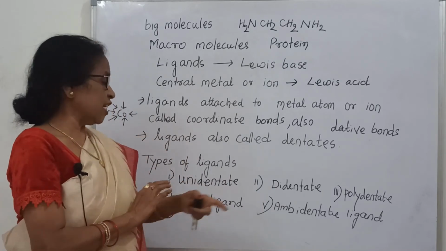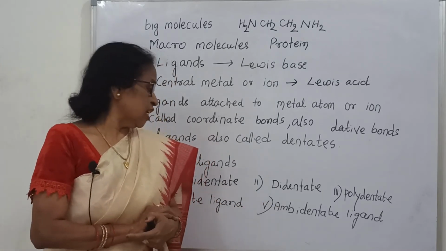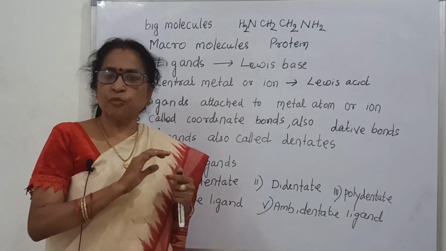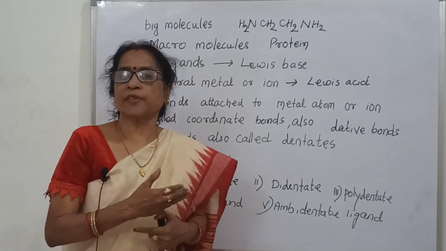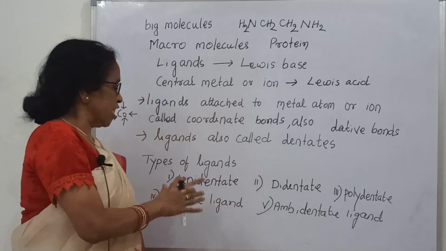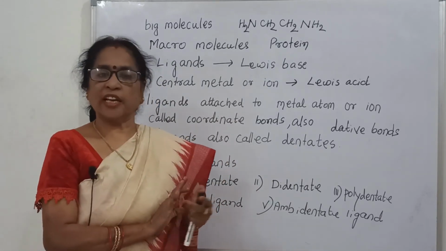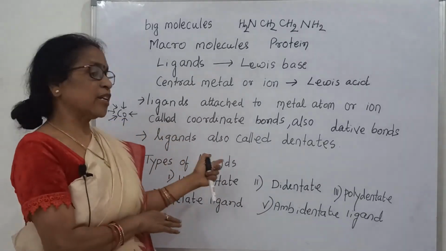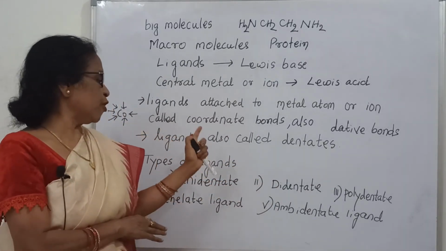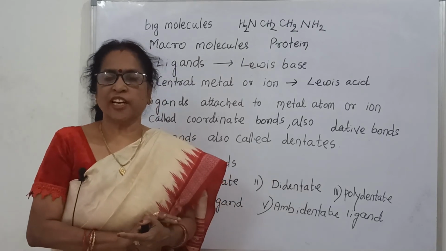Then ambidentate ligand. These are the ligands we will see when I teach types of ligands. Now I am only giving the names of the types, and in the coming video I will explain the types of ligands, starting from unidentate to ambidentate ligand.